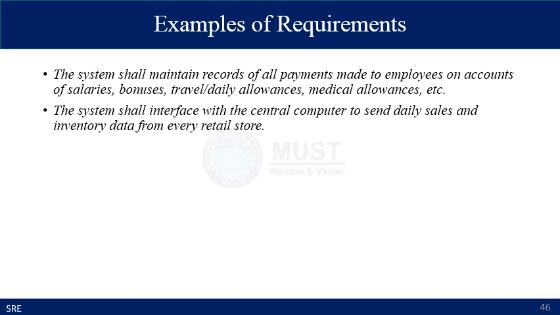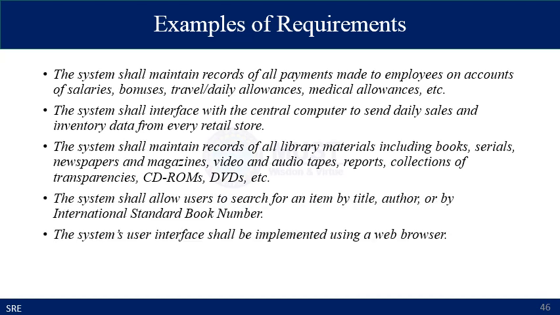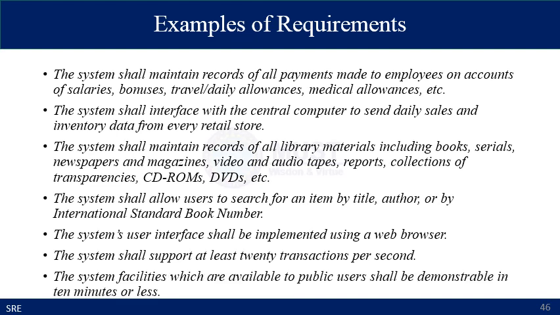The system shall interface with the central computer to send daily sales and inventory data from every retail store is another example. And the third example states that the system shall maintain a record of all library materials including books, serials, newspapers, magazines, videos, audios, tapes, reports, collections, and transparencies, etc. You can go through the next few requirements on your own.